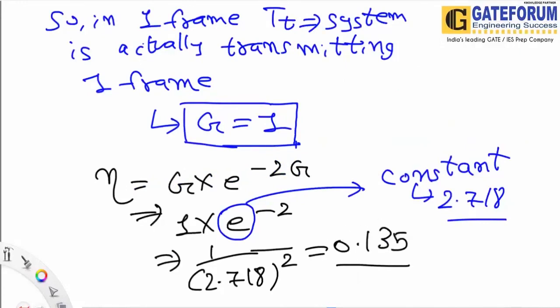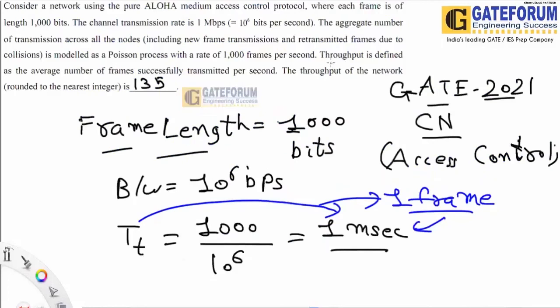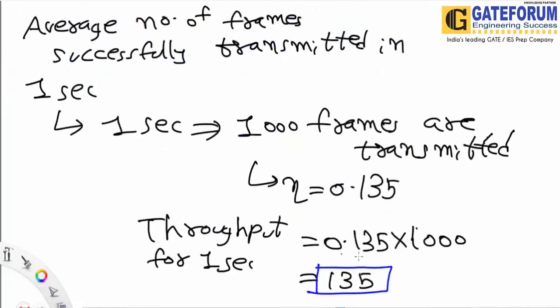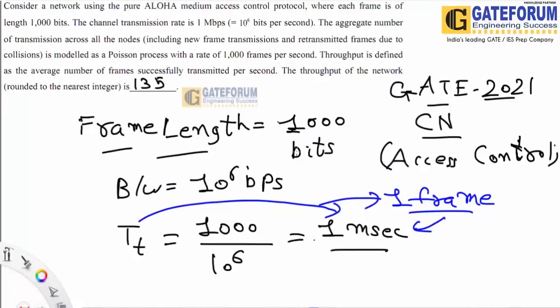It's clearly asked that throughput is defined as the average number of frames successfully transmitted per second. We are sending 1000 frames per second, so we multiply that efficiency by 1000. This would be our answer, which is 135. This question is a little bit complex and lengthy, but kindly try to understand it well.